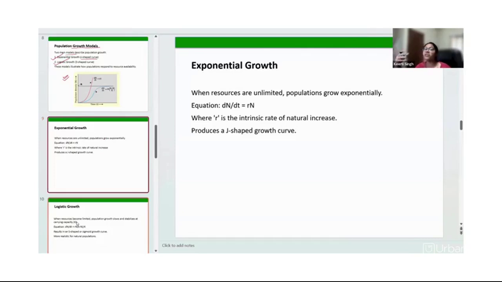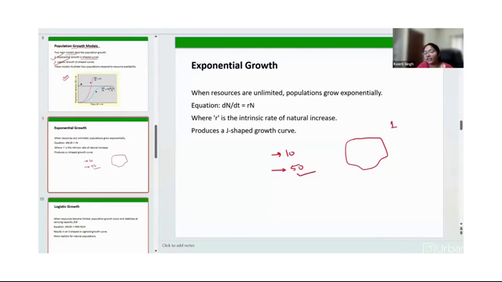Right? But what will happen if we have food for only 10 individuals in that particular area, but slowly there are, suppose, 50 individuals?